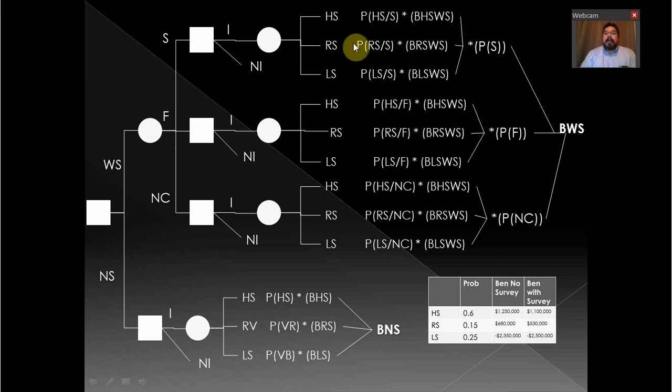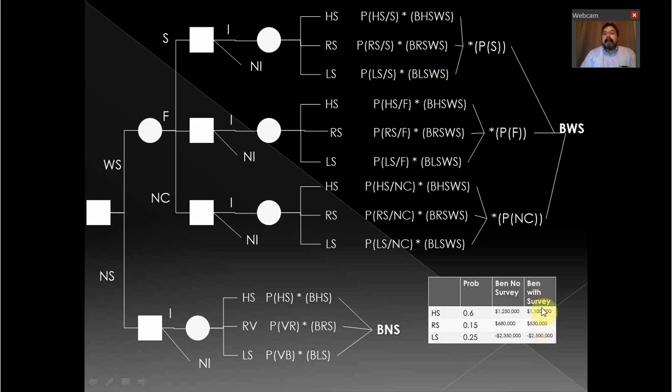We are going to add it with the multiplication of the probability of regular sales given success times the benefit of regular sales with the survey, and we are also going to add it with the multiplication of the probability of low sales given success times the benefit of low sales with the survey.